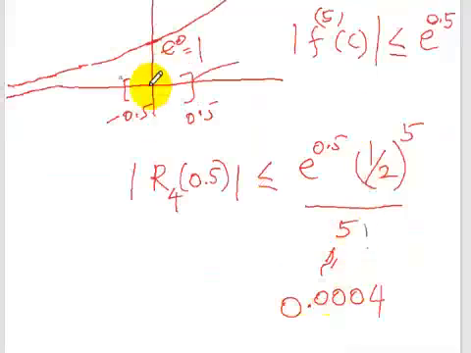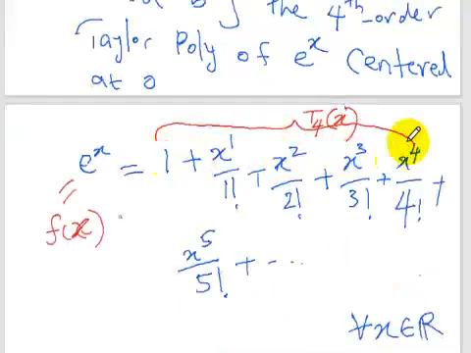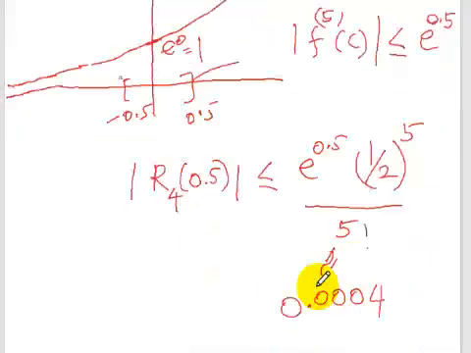So if you move away from the center to this point, you can say that the approximation value computed from the fourth order polynomial has an error. That error does not go beyond this bound. That's the main idea.